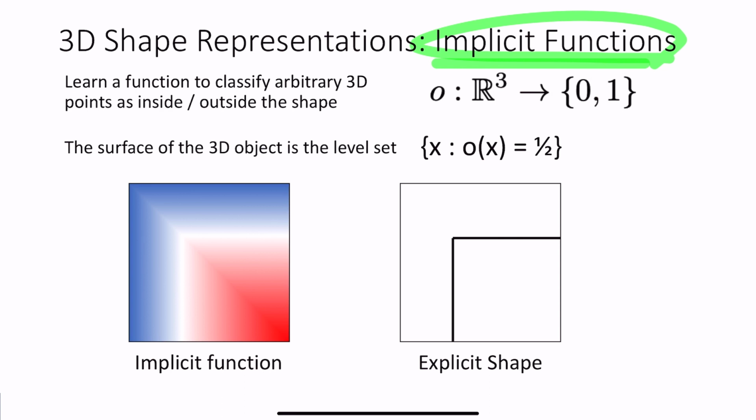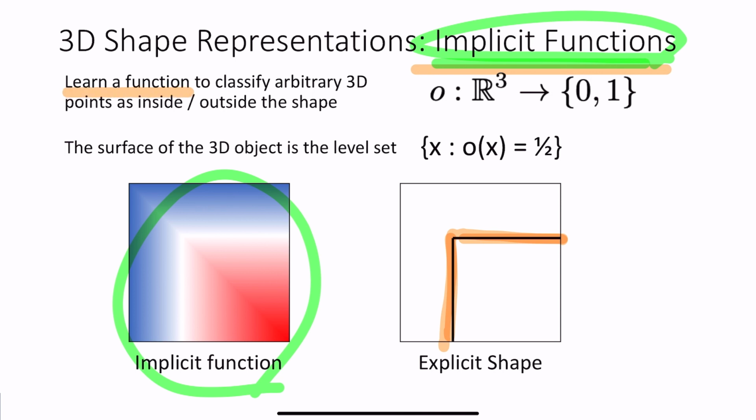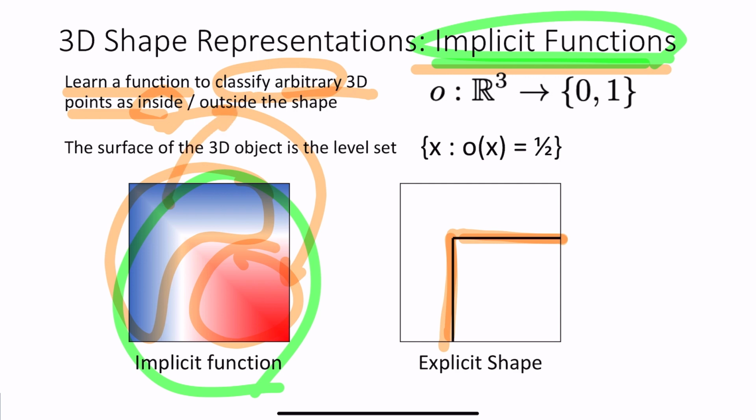Alright, so these are examples of the implicit function visualized in 2D images. When you consider the object shape, for example, the explicit shape is like this here. In an implicit function, we run a function to classify an arbitrary 3D point as inside or outside the shape.